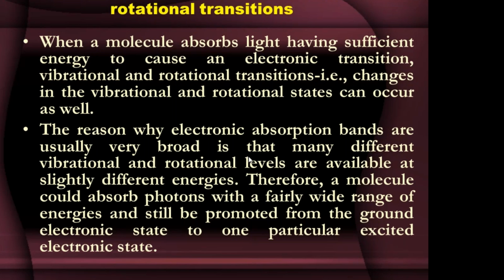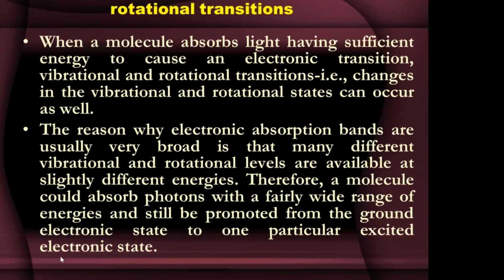The reason why electronic absorption bands are usually very broad is that many different vibrational and rotational levels are available at slightly different energies. Therefore, a molecule can absorb photons with a fairly wide range of energies and still be promoted from the ground electronic state to one particular excited electronic state.